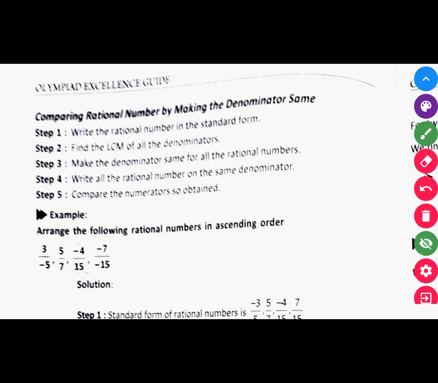We are not going to add them here, but we have to convert them. So first, -3 upon 5, 5 by 7, -4 upon 15, and 7 by 15. These are our numbers, and their common denominator is 105.